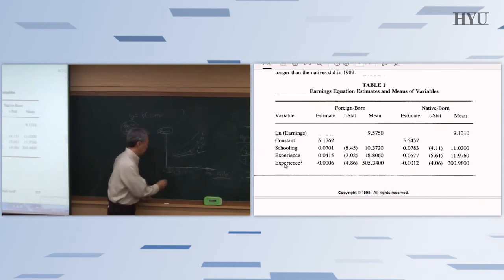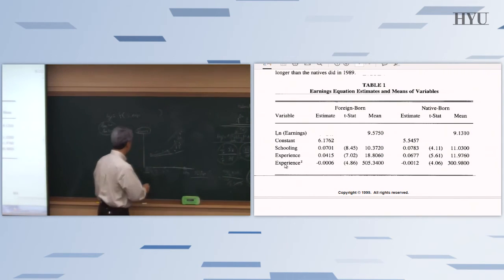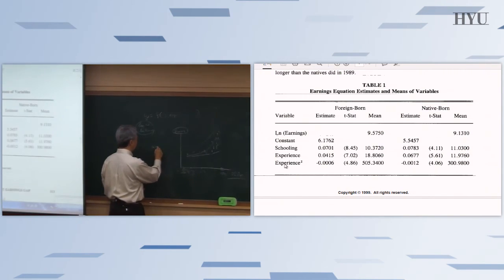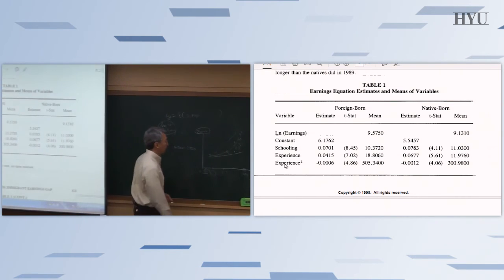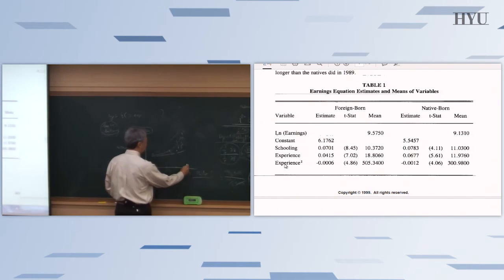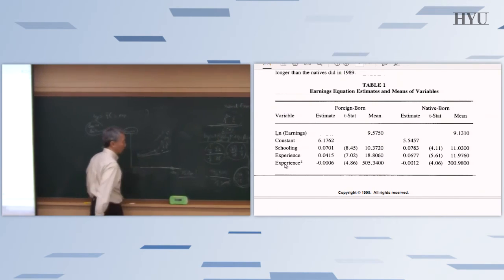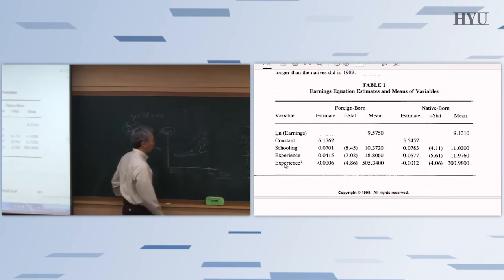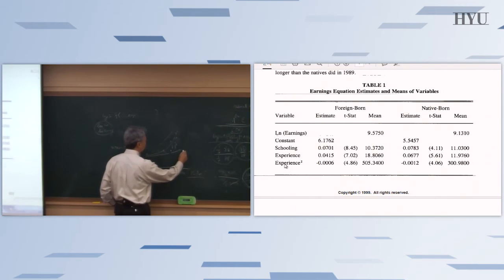The variability may be from 4,500 to 5,500. Okay? But if you're talking about top earners here, it could be maybe 1 million.